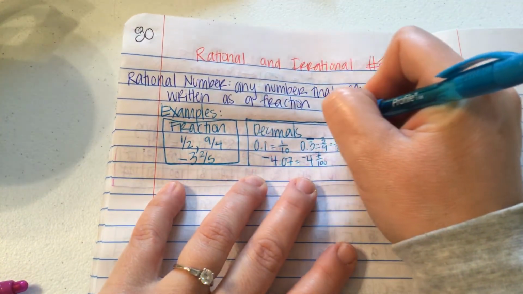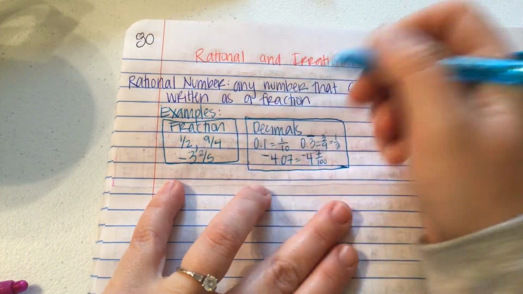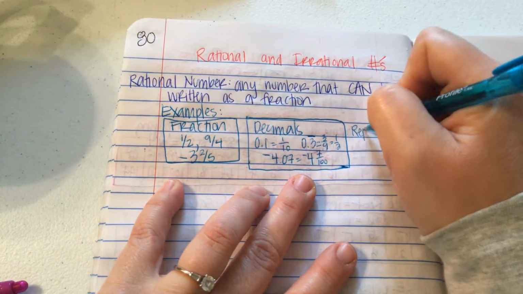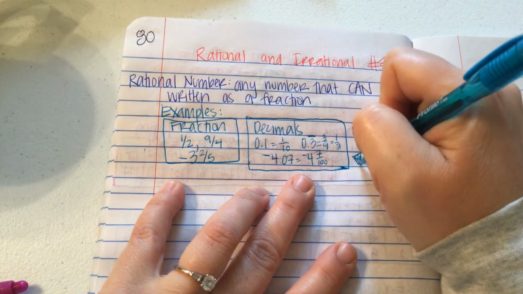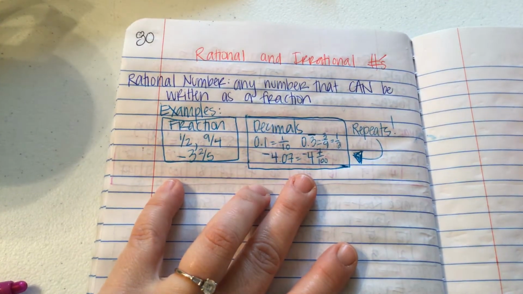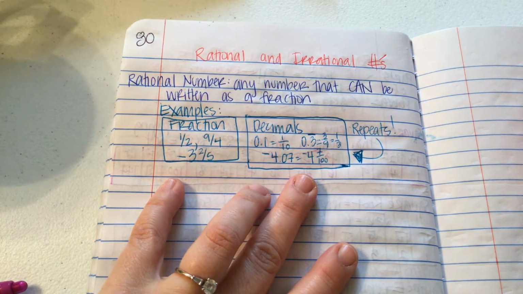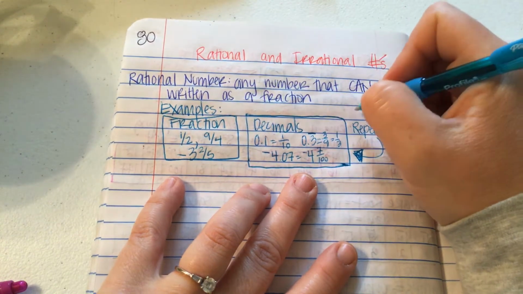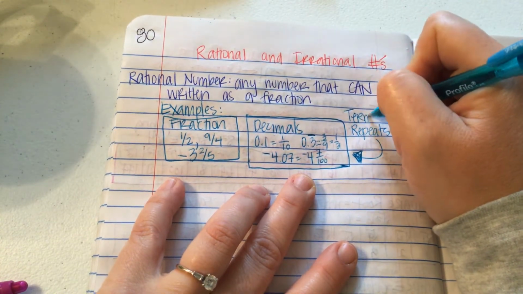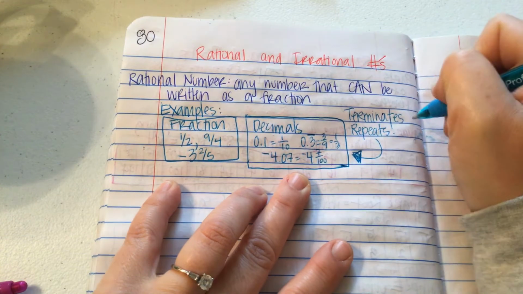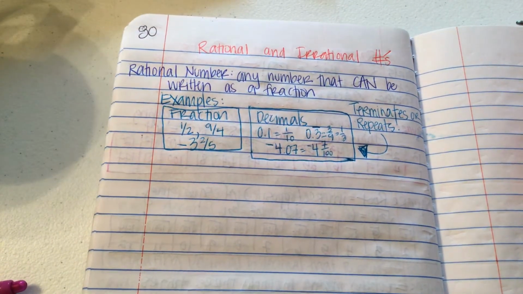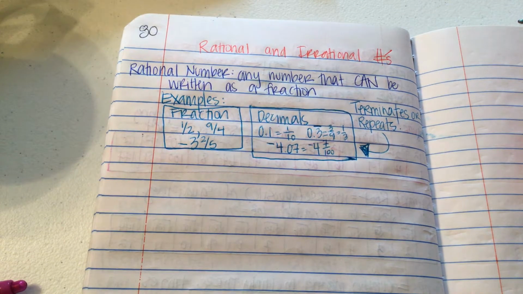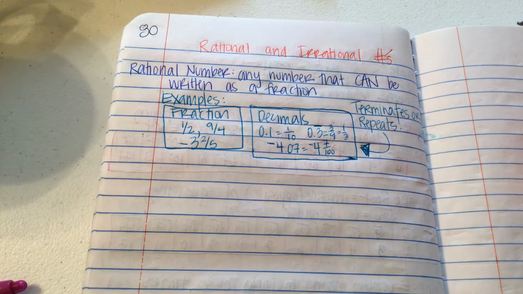So if it is a decimal and it repeats, I can take a repeating decimal and change it into a fraction. So decimals either terminate or repeat.